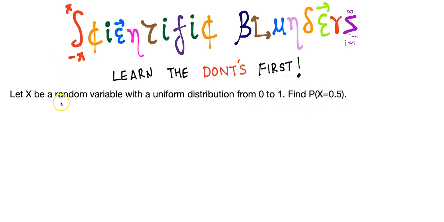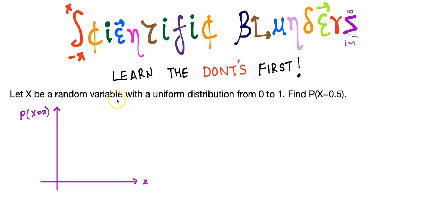Right, so let's just quickly graph the distribution of x that we have. So the x-axis is the value that the random variable takes, and the y-axis, it's the probability density, right?